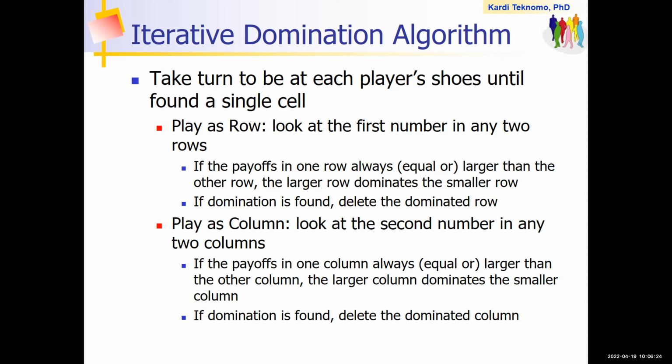If any row has larger or equal payoff, depending on strict or not strict, than the other row, then you should delete the dominated row. After that, you can play as column, and then you look at the second number of any two columns, and then you delete the dominated columns.